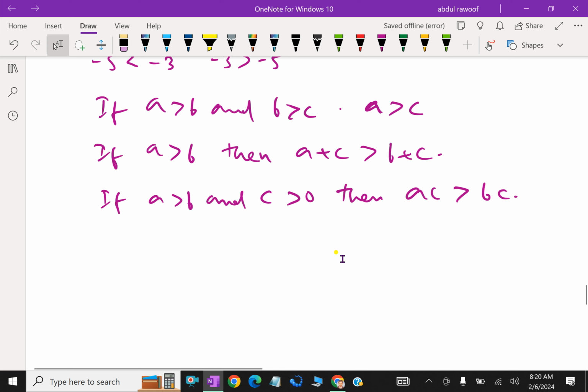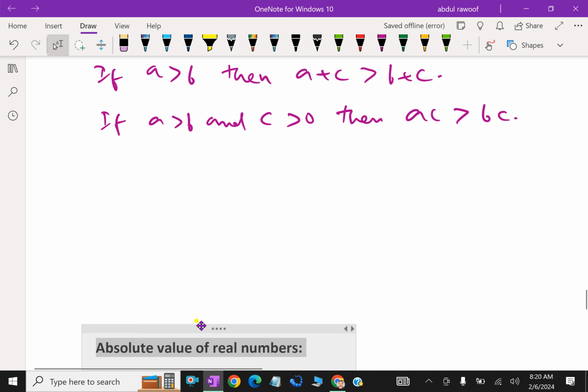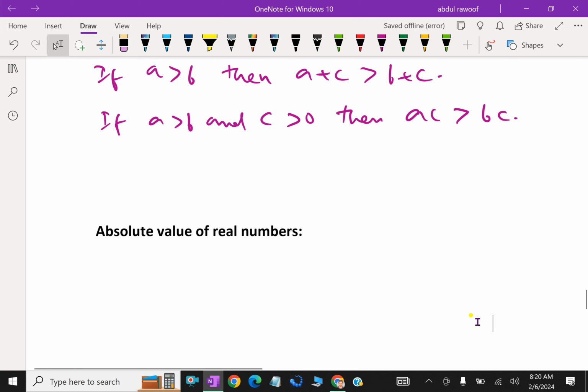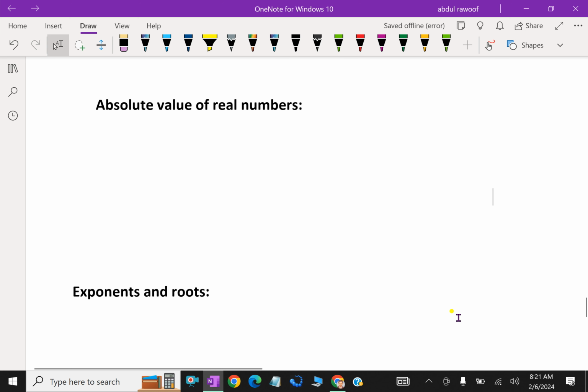Next one, absolute value. What is the absolute value of a number?